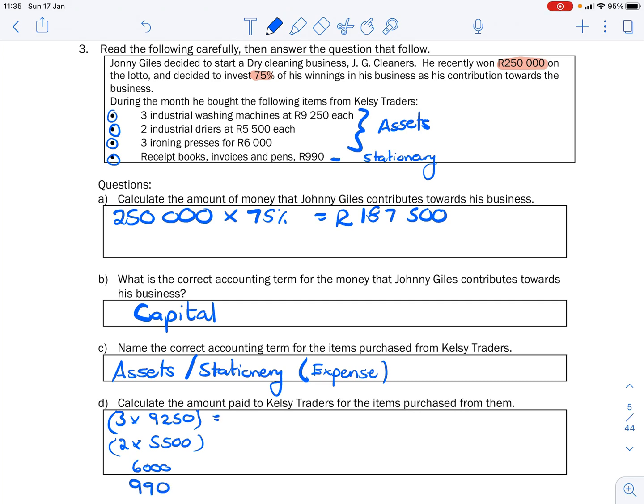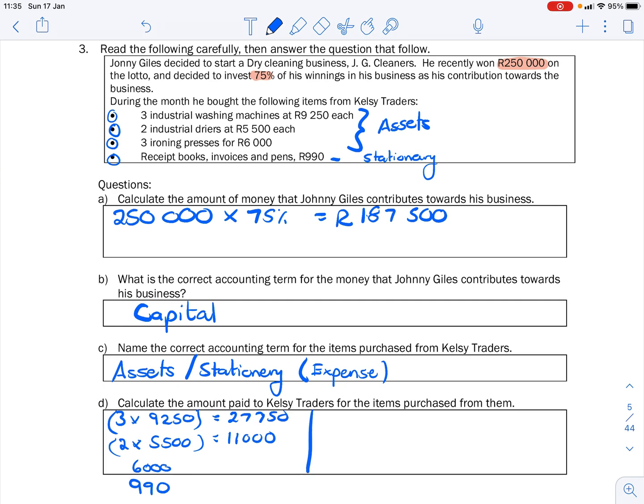So if we do the math, 3 times 9,250 gives us 27,750. We then have 2 times 5,500, which gives us 11,000. And we add that to our 6,000 and our 990.